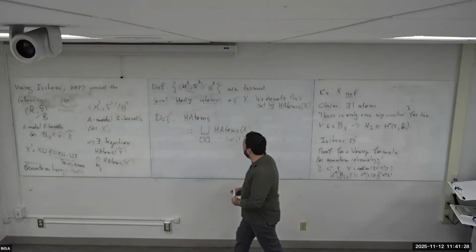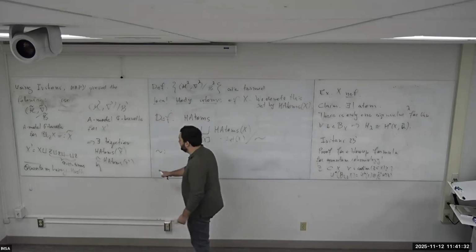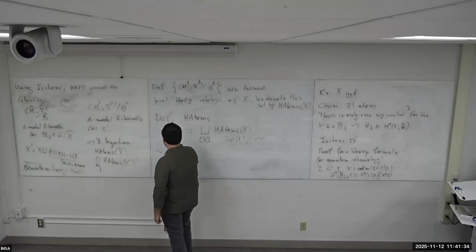So you have the atoms, and what are these laws of relations? Or what are these equivalence relations? The first is the following, is by disjoint union.